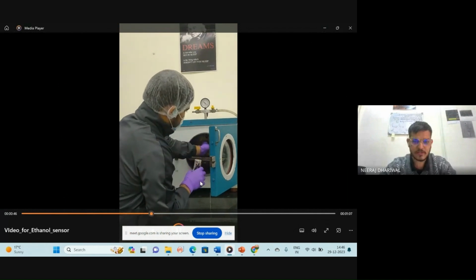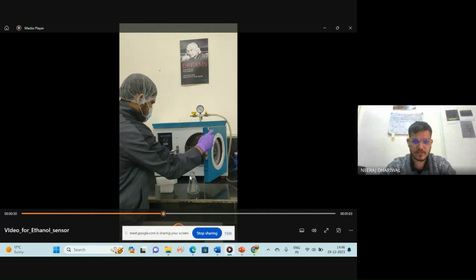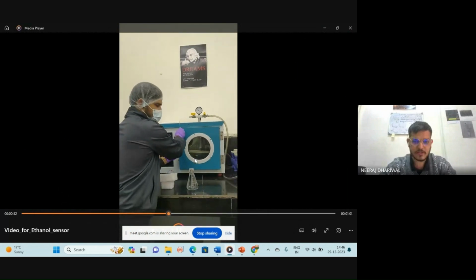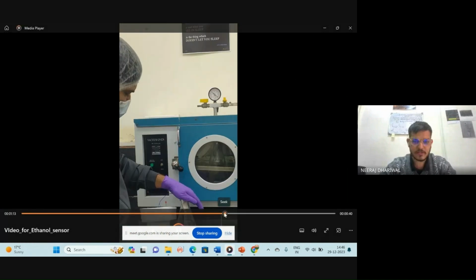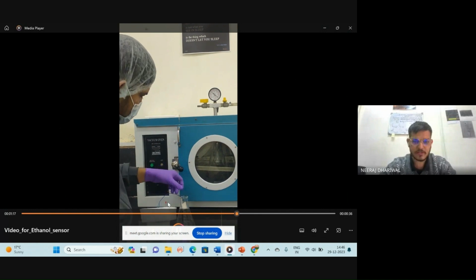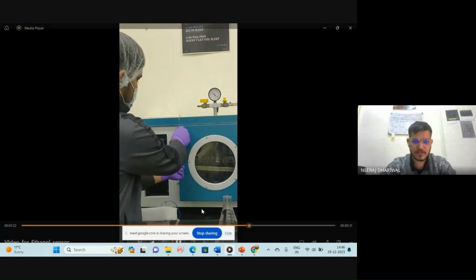Here it is, our device, and we have two beakers. The first one is humidity, to show that the sensor doesn't respond in the presence of humidity. We have high humidity over here, and when we inserted our device into this, the LED doesn't glow, which shows the resistance remains constant in the presence of high humidity.